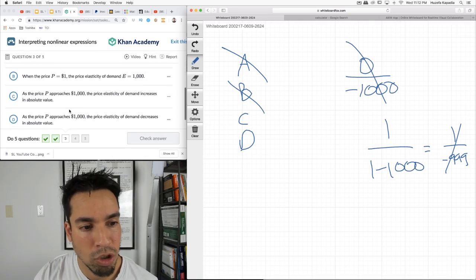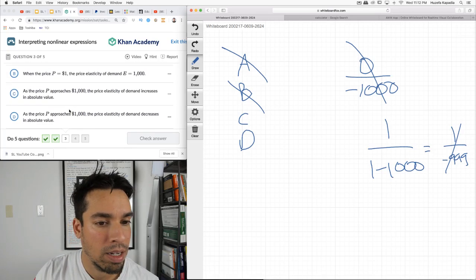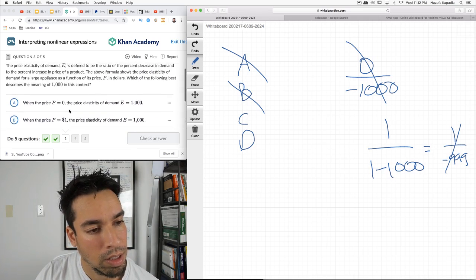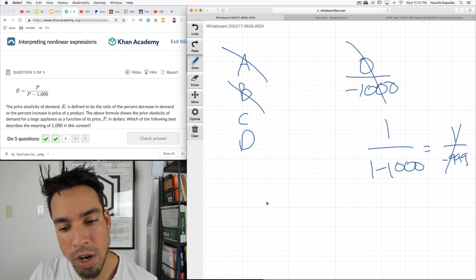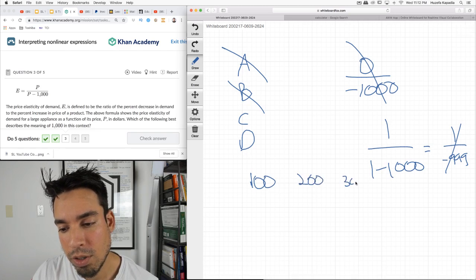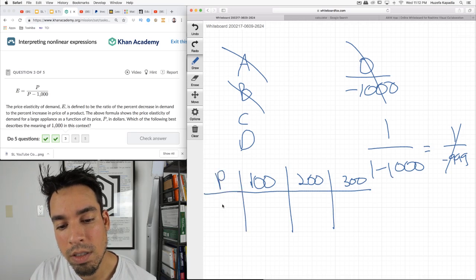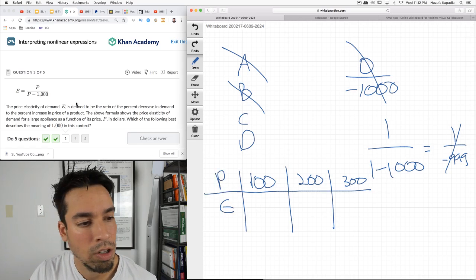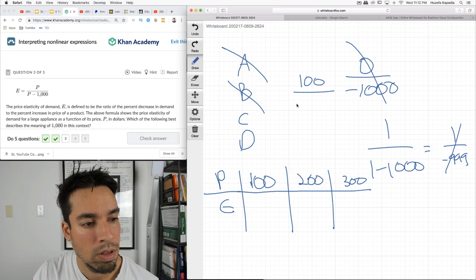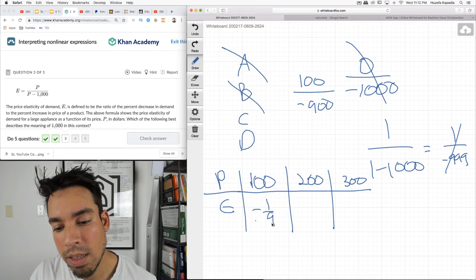As the price P approaches 1,000, the price elasticity of demand increases in absolute value. Got it. Okay, let's see. Let's try a couple values here. Let's try 100, 200, I don't know, 300, for P. And this is what we get for E. When it equals 100, it's 100 over negative 900, which is negative 1/9.